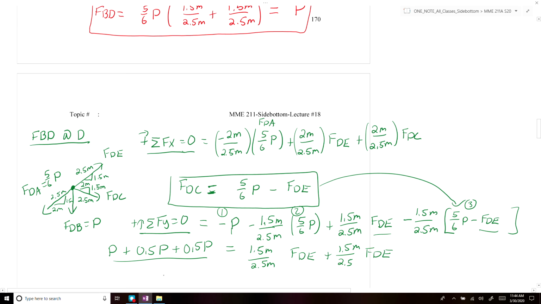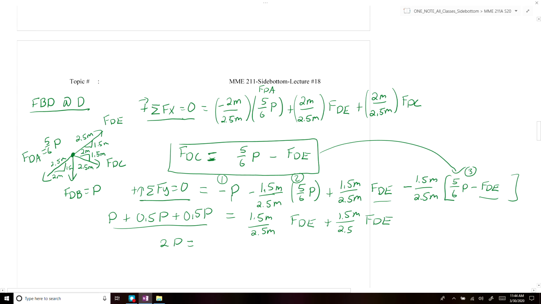So what we end up getting is 2P is equal to 3/5 plus 3/5, so that should be 6/5 FDE. If we rearrange that, FDE will be equal to 10 over 6 times P, which is the same thing as 5/3 P.